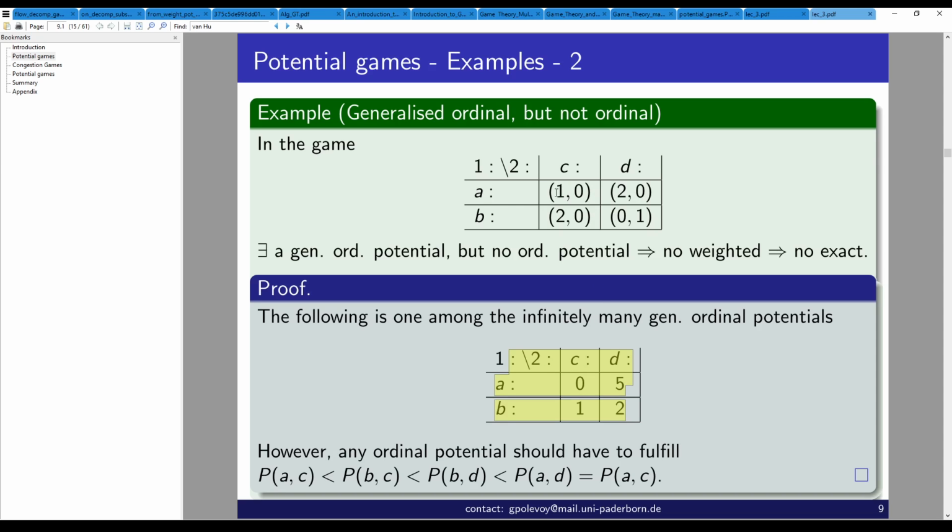For example, when player 1 changes from A, when they play C, to B, and now start playing BC, then her utility increases from 1 to 2, right?